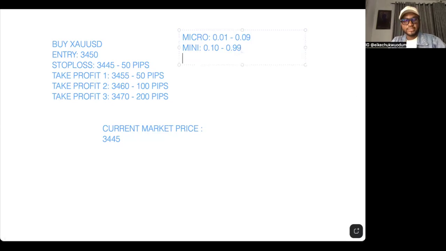Now, the next set of lot sizes would be standard, 1.00 all the way up. You can have 100 lots if you want, and so on and so forth.